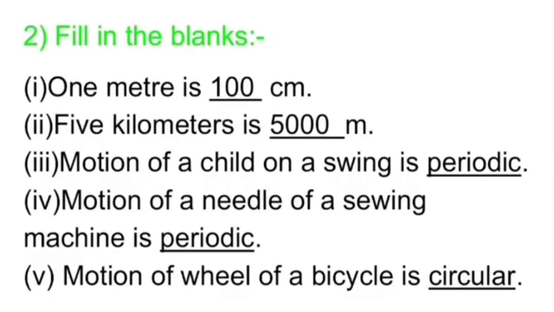Third, motion of a child on a swing is periodic motion. Fourth, motion of a needle of a sewing machine is periodic. Okay, it is also periodic motion. Fifth, motion of wheel of a bicycle is circular.